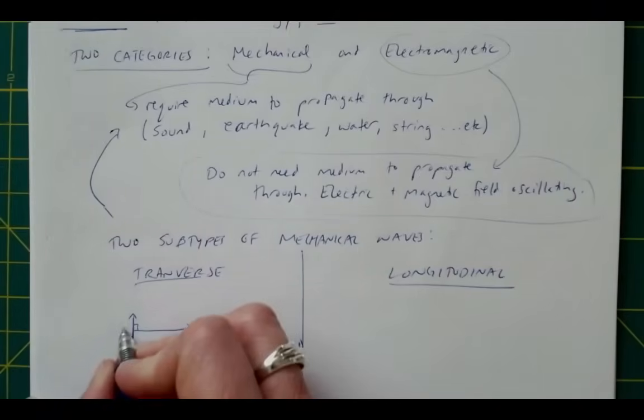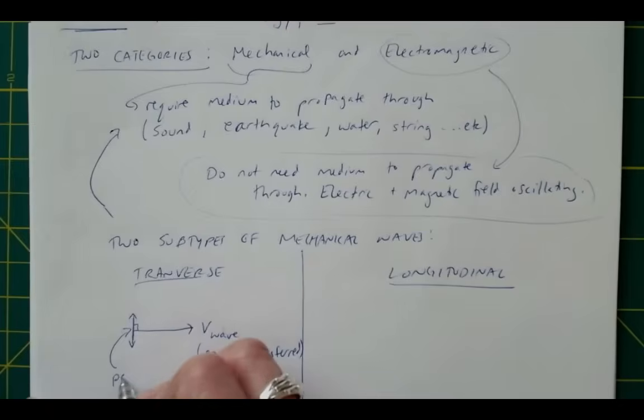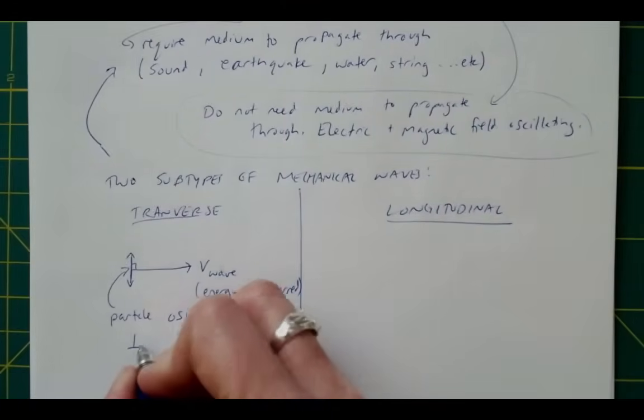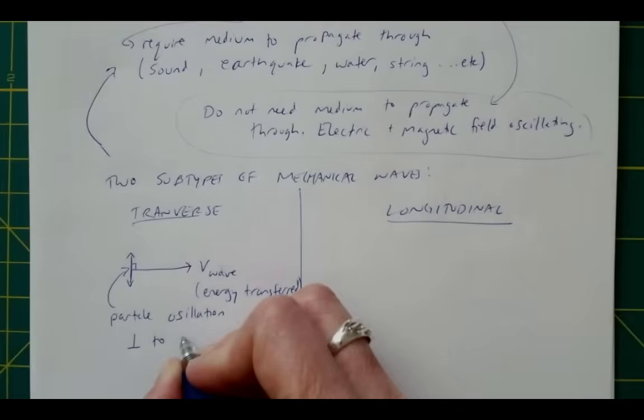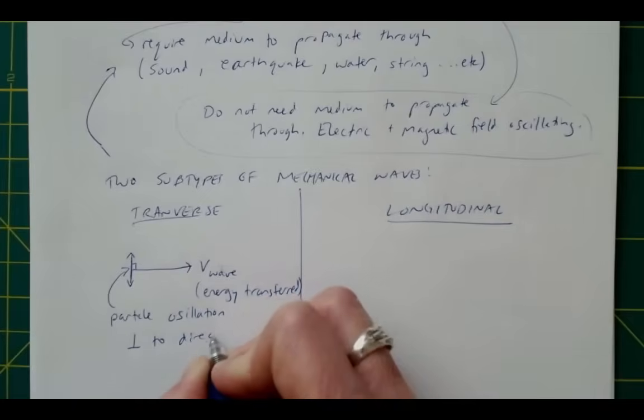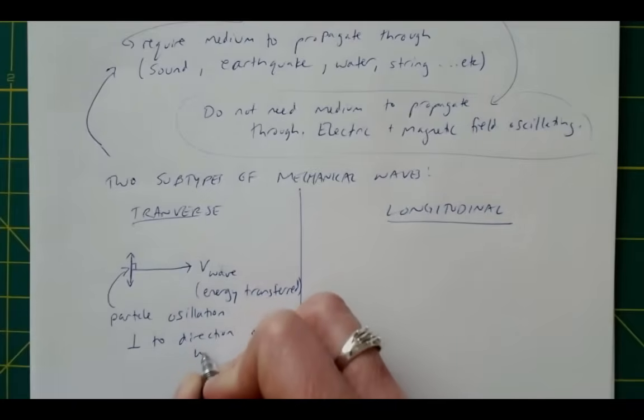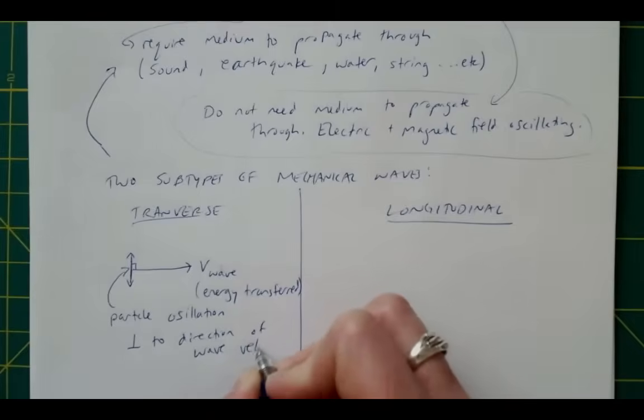So here, this would be the particle oscillation, and that's again going to be perpendicular to the direction of the wave motion, so the direction of the wave velocity.